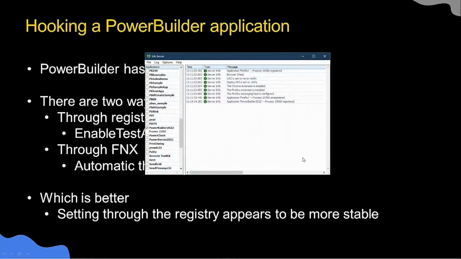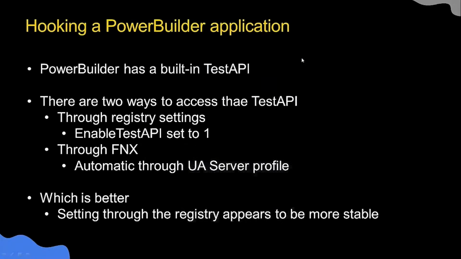Now, folks often ask, well, which is better, since you have two choices? I have found through doing support and supporting a lot of PowerBuilder customers over the years, I think enabling the extension through the registry does seem to be a little bit more stable. It's not that FNX is problematic, it's not. Almost all applications will work the same way with FNX as the extension enabled through the registry, but there's a couple of rare occasions where you might have some difficulty with some data windows when you're using FNX.